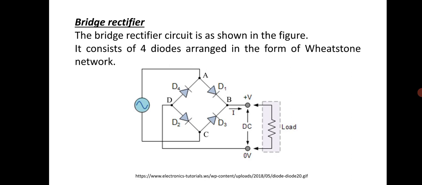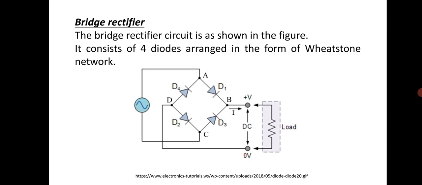During the positive half cycle, diodes D1 and D2 are forward biased and they conduct. So across the load resistance you will have the current flowing through, and at the output terminals you will get the voltage. So during the positive half cycle you have the two diodes D1 and D2 forward biased and conducting, so output is observed across the load.